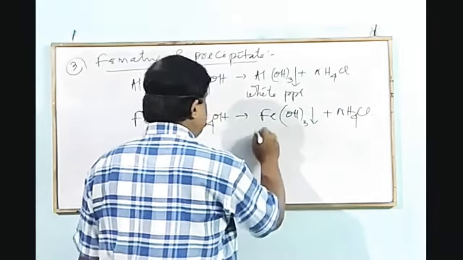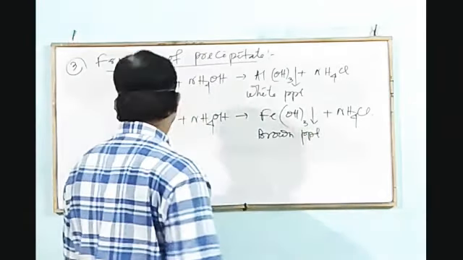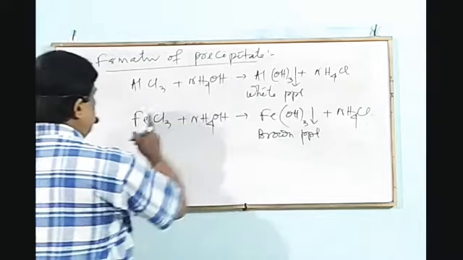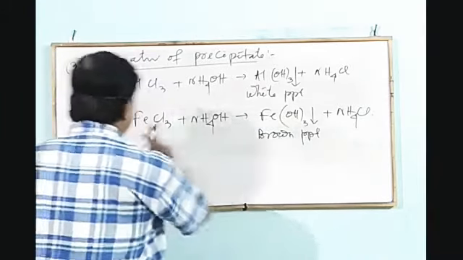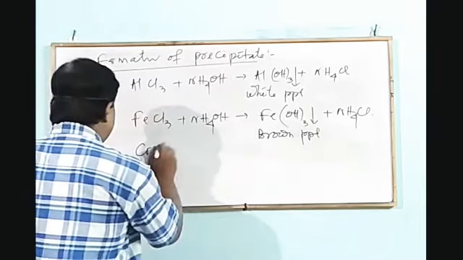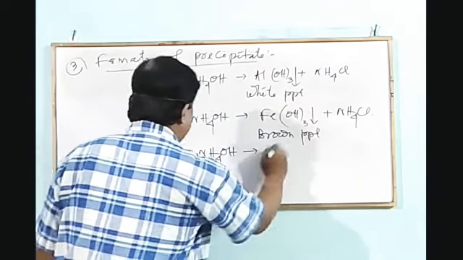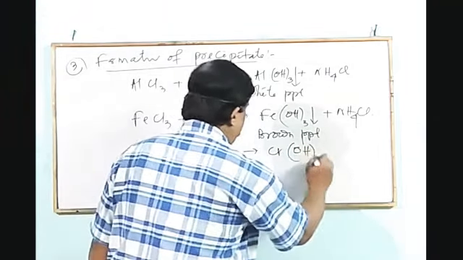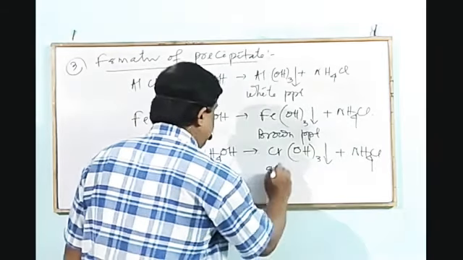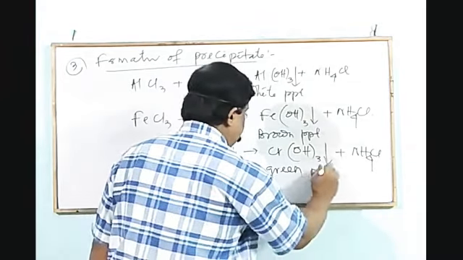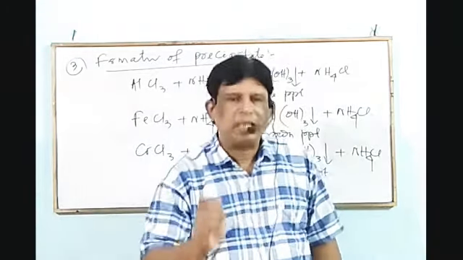It is brown precipitate. Chromium chloride plus ammonium hydroxide, resulting in the formation of chromium hydroxide plus ammonium chloride. That is green precipitate. These are some examples of precipitation reaction.